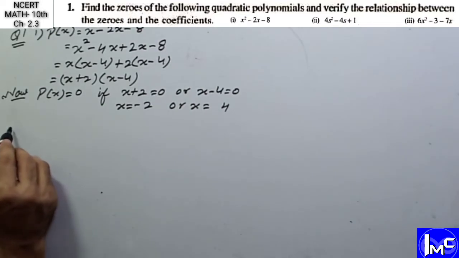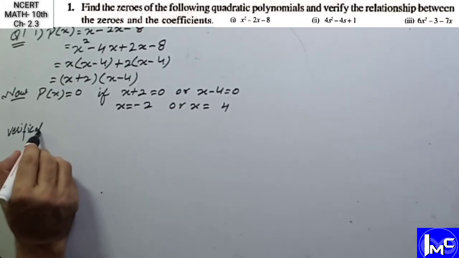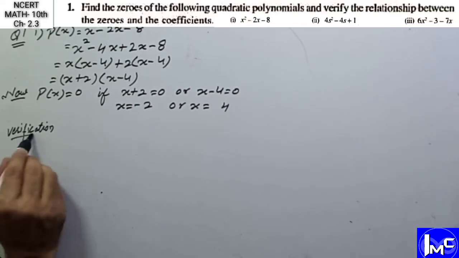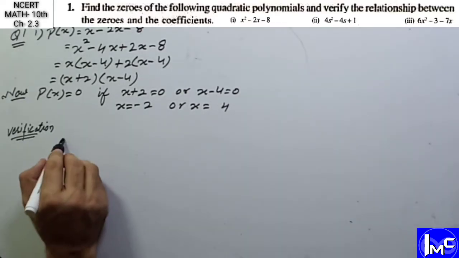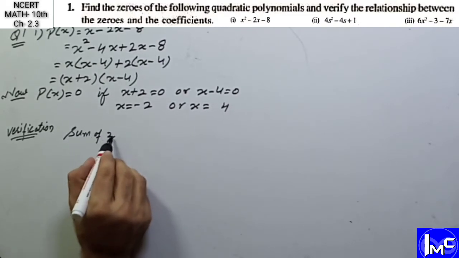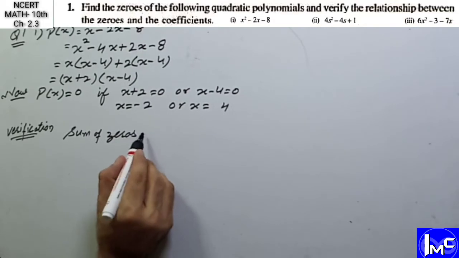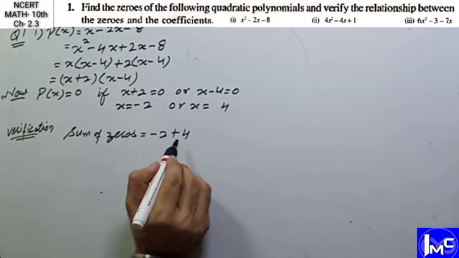Further, for verification, sum of zeros is equal to minus 2 plus 4.